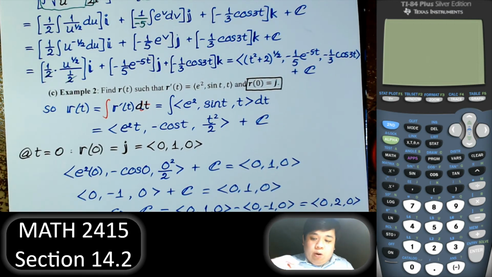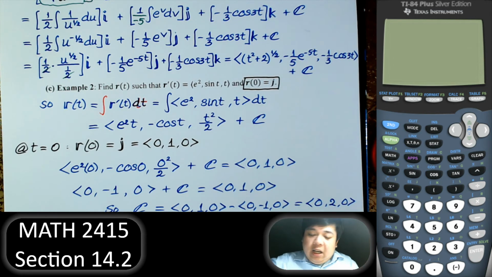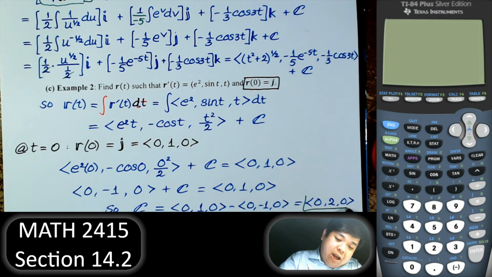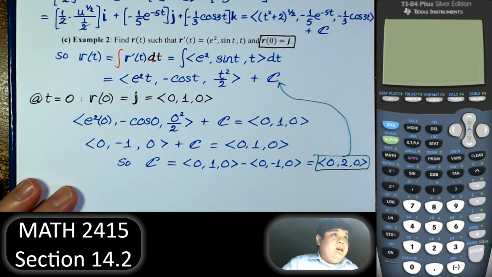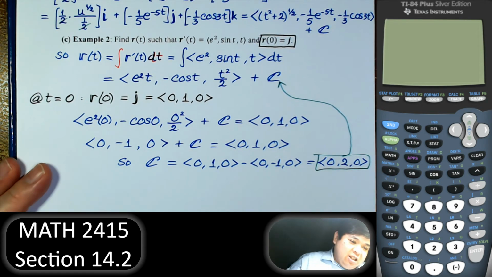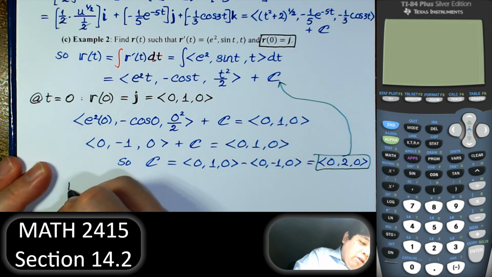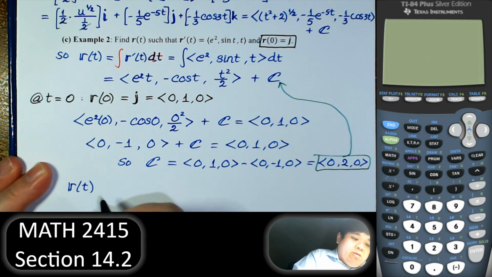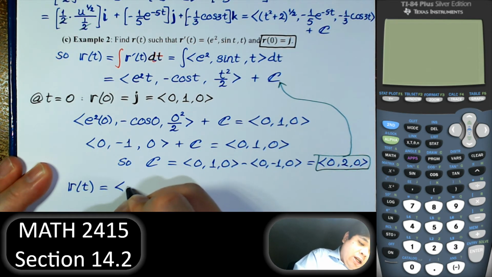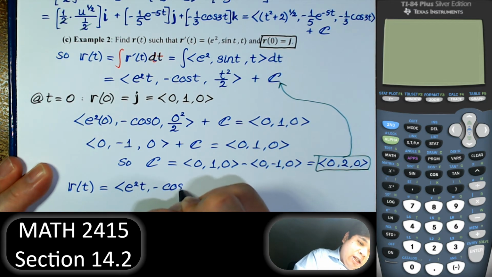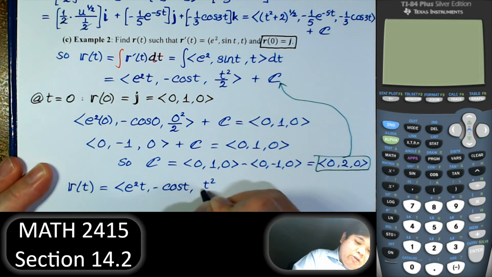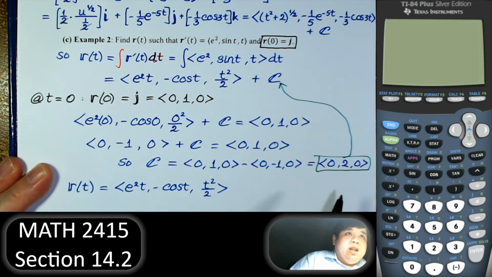So we solve for that vector constant c, and then we just substitute that back into this, and that is our answer. Actually, it can be better. We write r of t is equal to e squared t, minus cosine of t, squared over 2, plus c is this.